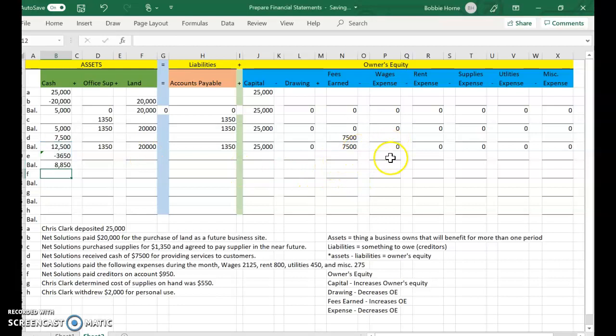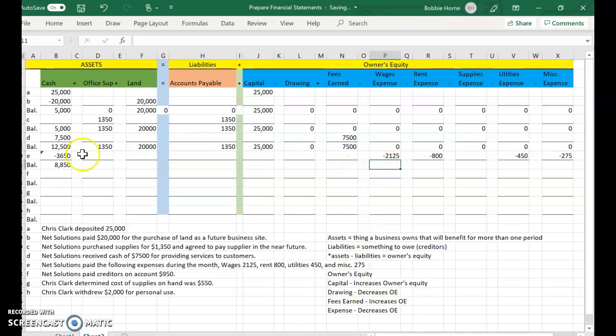Now we have to record these expenses, and what we can do is, we know that they're being subtracted from owner's equity, but let's just put them in as minus so that we know. So wages would be $21.25, and rent is $800, and supplies expense, let's see, not yet, utilities and miscellaneous, $275.